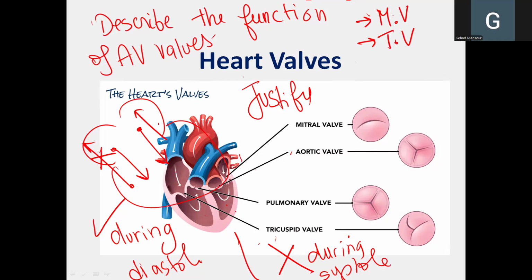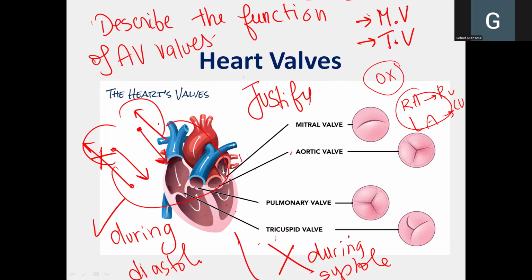But the only differences are that you have, number one, to mention the type of blood, whether it is oxygenated or deoxygenated, and the second specific point, that you have to say from the right atrium to the right ventricle, or from the left atrium to the left ventricle. So the specific items you add when you're asked about a specific valve are the type of blood, oxygenated or non-oxygenated, and the chambers.